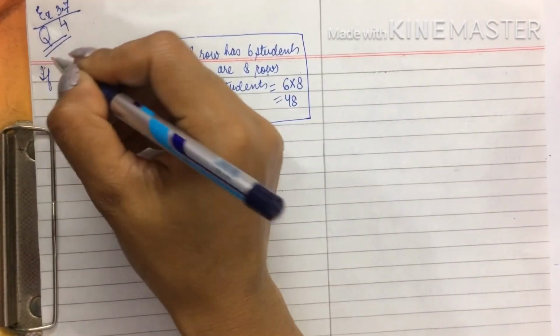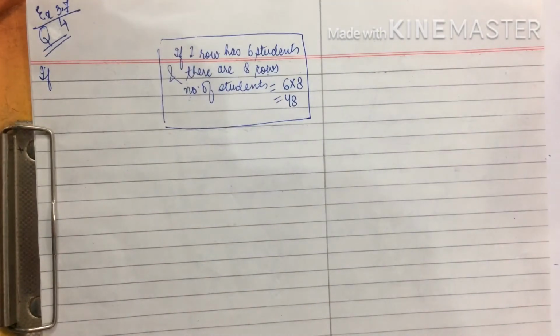If we know how many rows there are and the number of students in one row, we can tell how many students are actually standing in the arrangement. So let's start by assuming how many rows were originally made and how many students were made to stand in every row.